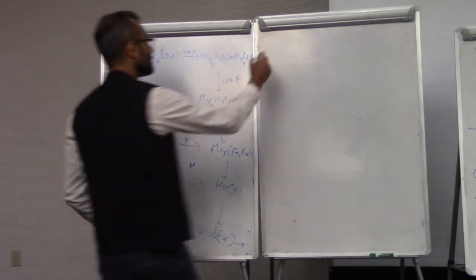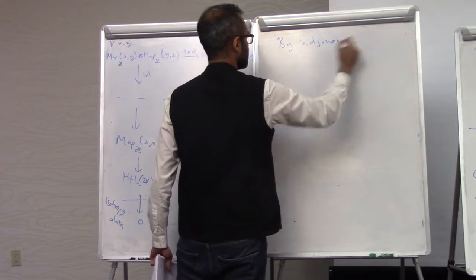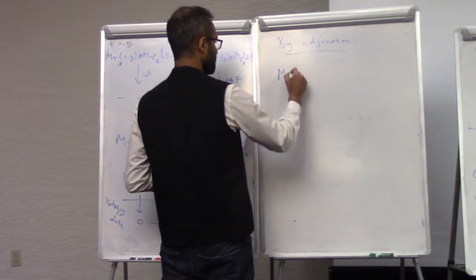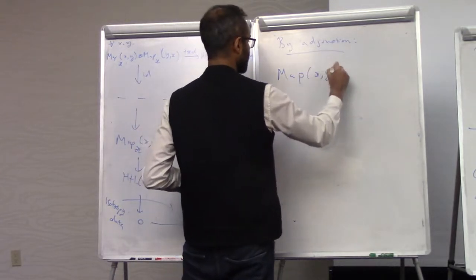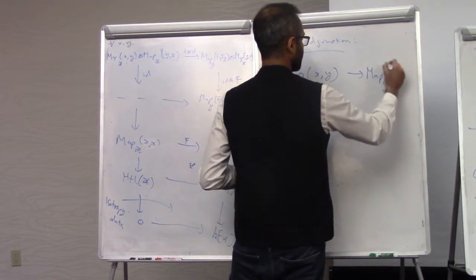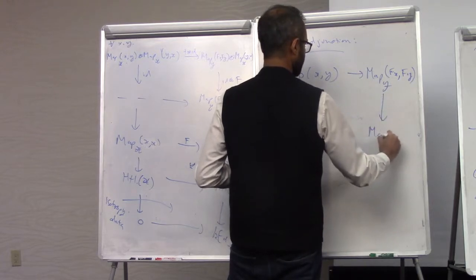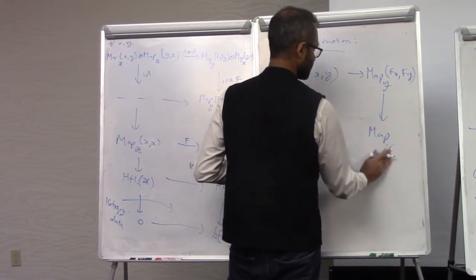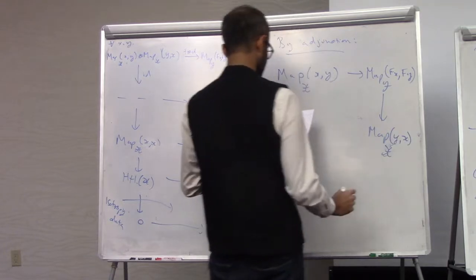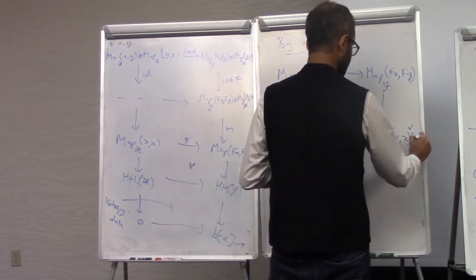By adjunction, the outer portion of this diagram gives me a picture like this: a homotopy commutative square, maps from x to y in X, mapping to maps in Y from fx to fy, mapping to maps in X from y to x, and now I should have a dual and a shift by minus d.